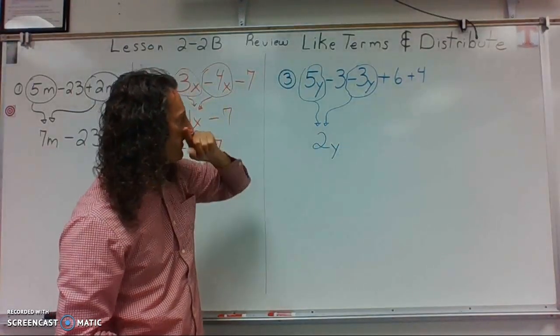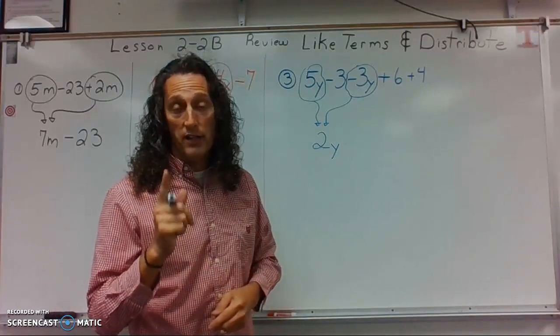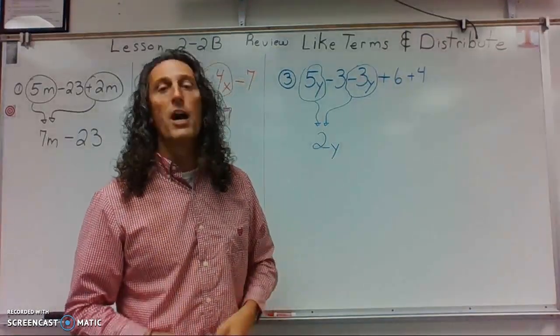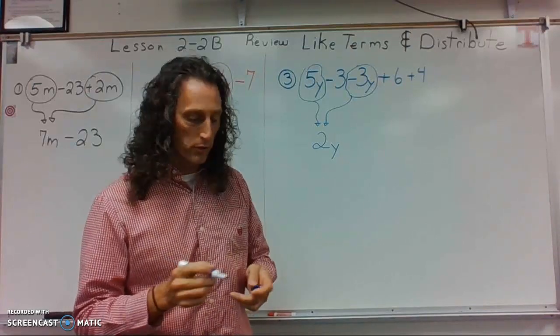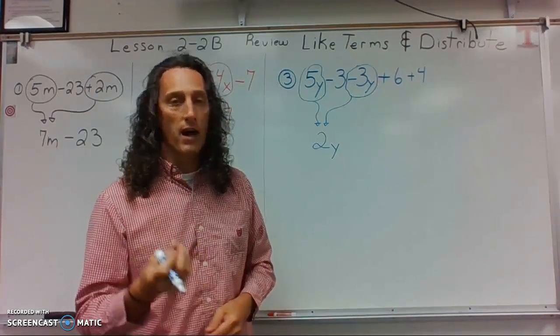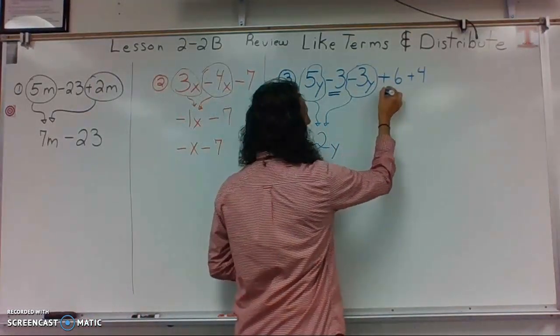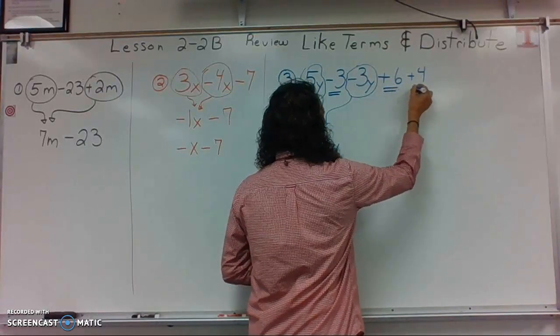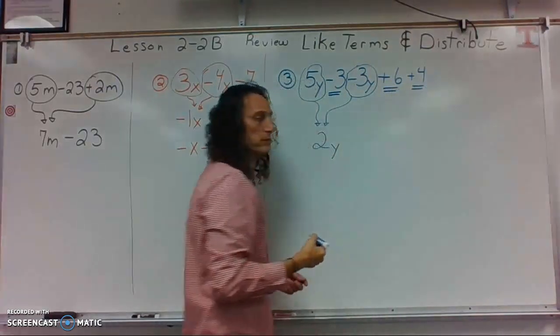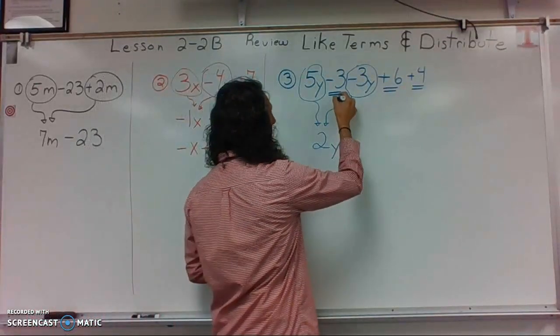And it's positive. Now, sometimes we overlook that if we have more than one constant or more than one plain number, those are like terms also. So I'm just going to do a double underline under my constants. So I have a negative 3, a positive 6, and a positive 4. Now, it doesn't matter how you combine these.